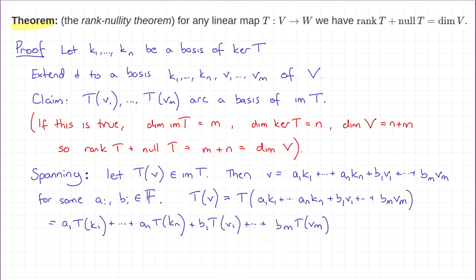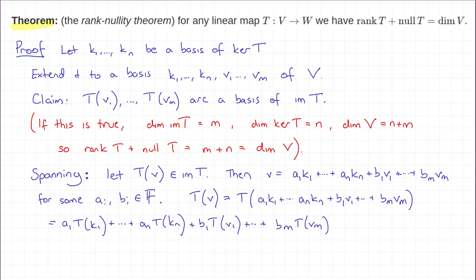Okay, but then look at those things, T of k1 up to T of kn. The k's were a basis of the kernel of T. In particular, they're elements in the kernel, so T of them is just the 0 vector in W.